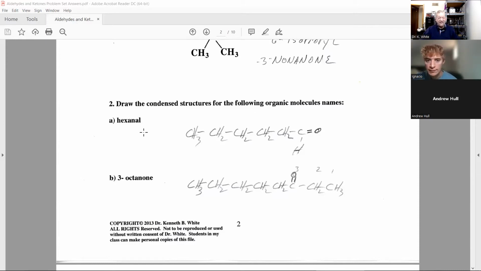If that were E, hexane, 6 carbons, and the end carbon is a carbonyl, which I have on there. Now, as I mentioned before, I write my carbonyls as far to the right as possible. If you put it on this side, it's just like rotating 180 degrees.